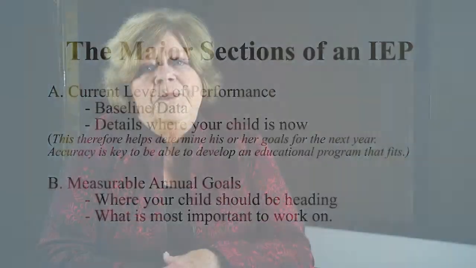For example, I was in an IEP meeting where it was said that a 5-year-old who was going into kindergarten was able to recognize and read sight words. But when asked further, the child really couldn't read sight words.